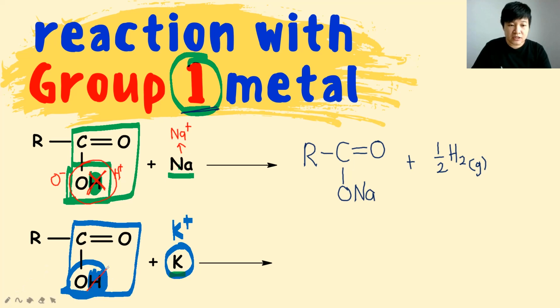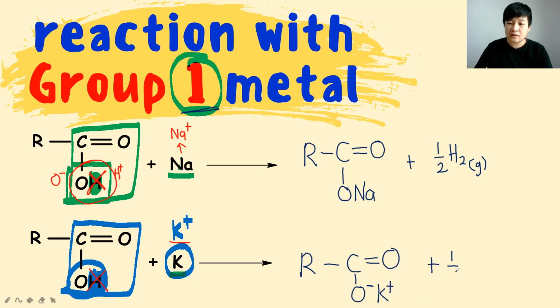And the hydrogen over here will be removed, replaced by the K plus. And the things that doesn't change shall again remain unchanged. But you have another way of writing. You can write it in the form of charge. So you can write it in the form of O minus, K positive, like this. The byproduct will still remain your hydrogen gas that you remove from the OH.